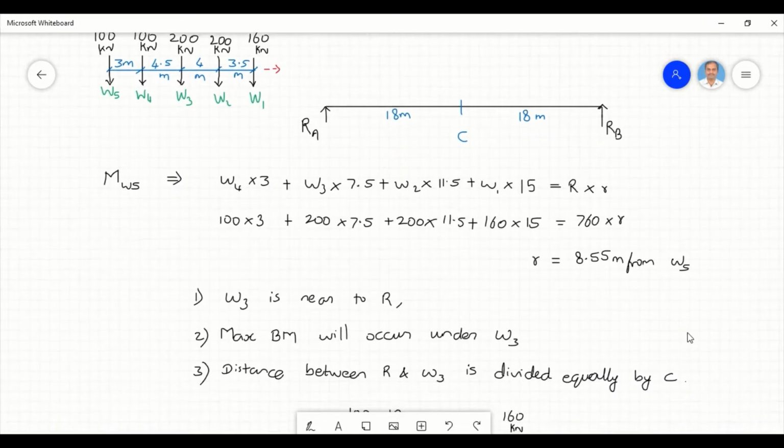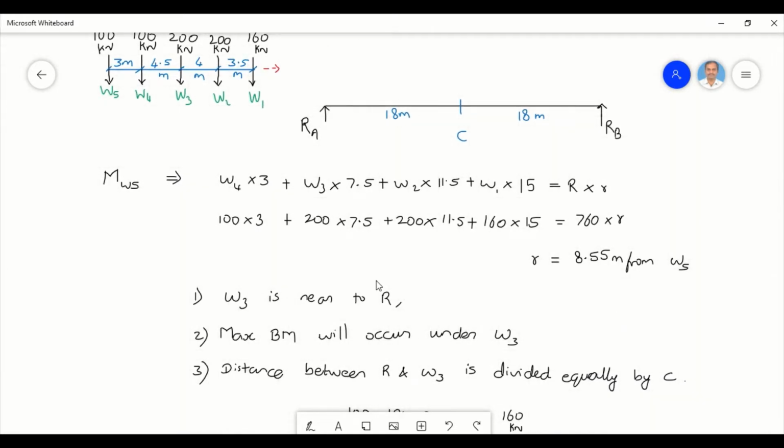And for the maximum bending moment, we have to remember these things. Our load which is nearer to the resultant, below that load, our maximum bending moment will occur. And its position, this load must be placed on this beam such that when the distance between this resultant and W3 is divided equally by this midspan, then for that particular position of this load on this beam, we will have maximum bending moment below W3.